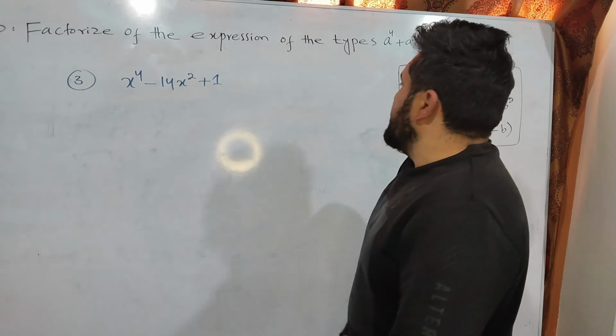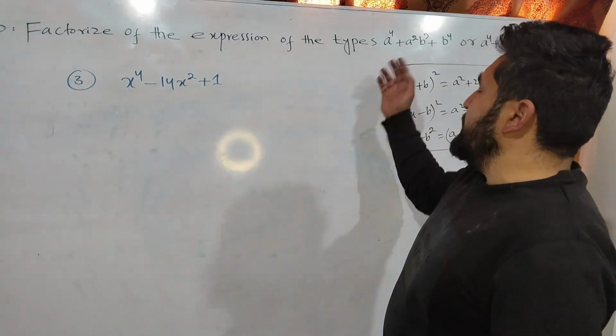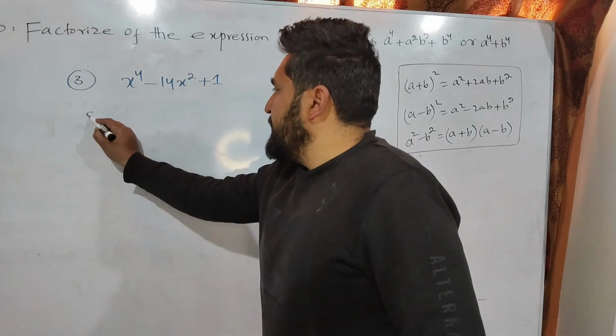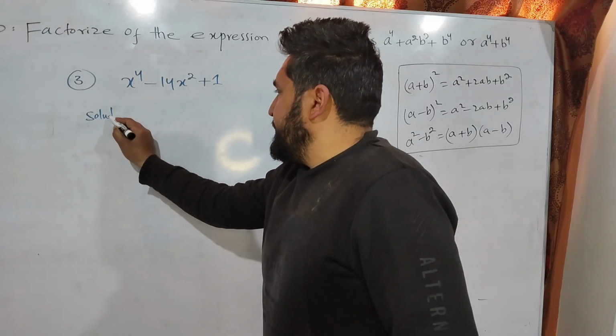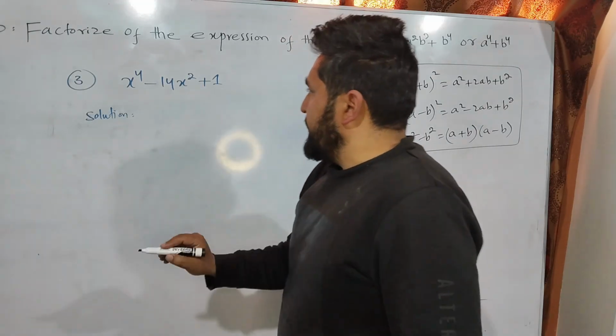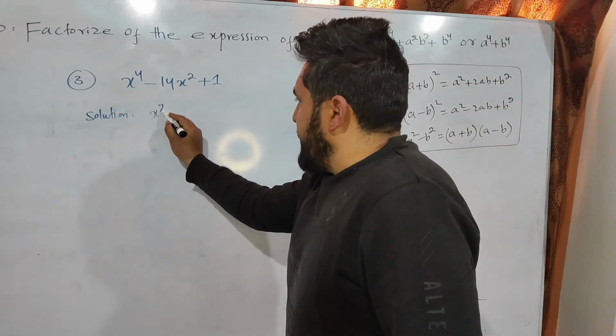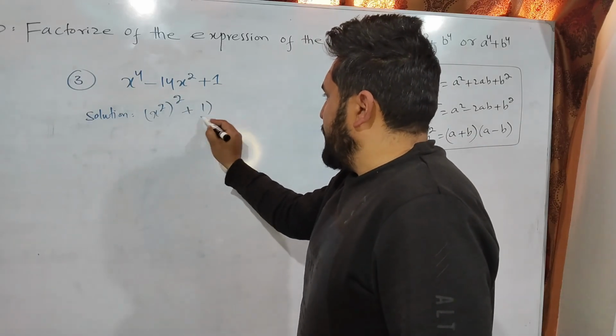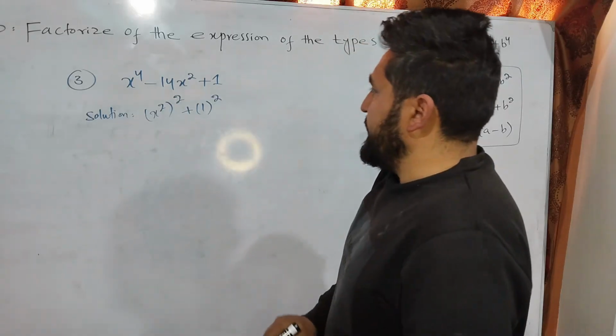This is also a question which is related to this various law. So we just simplify like this one. Solution: x square whole square. We take this one plus 1 whole square.